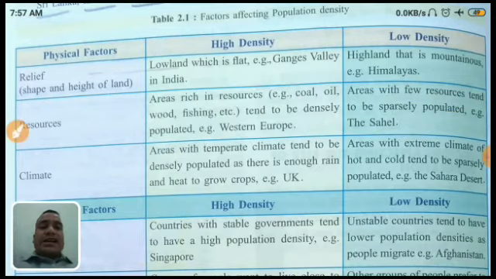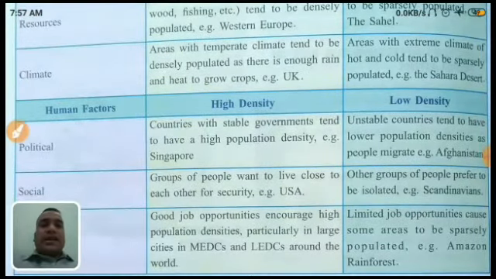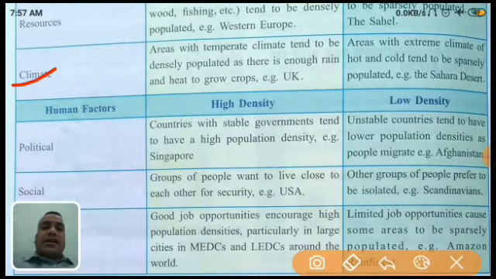Next one is the climate. Already we have discussed in our definition that the climate is a main barrier. If the climate is harsh, obviously people are very few, and if the climate is suitable, more people live there.